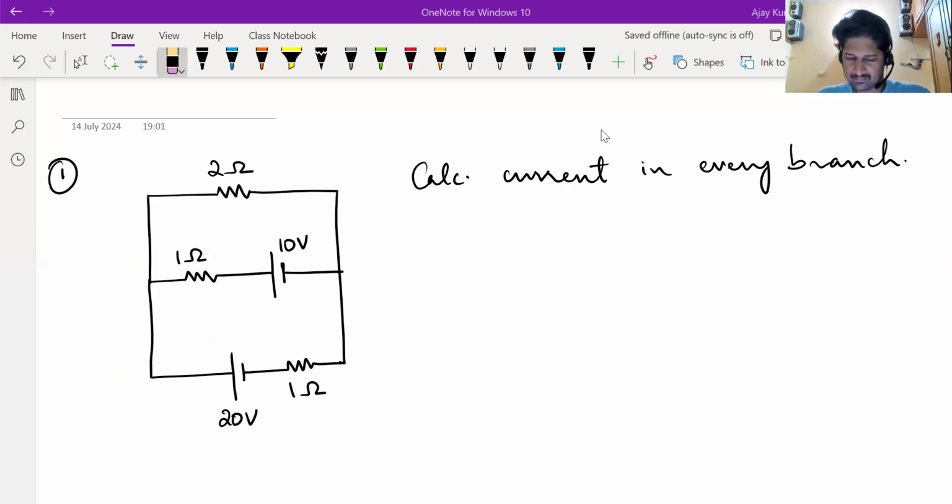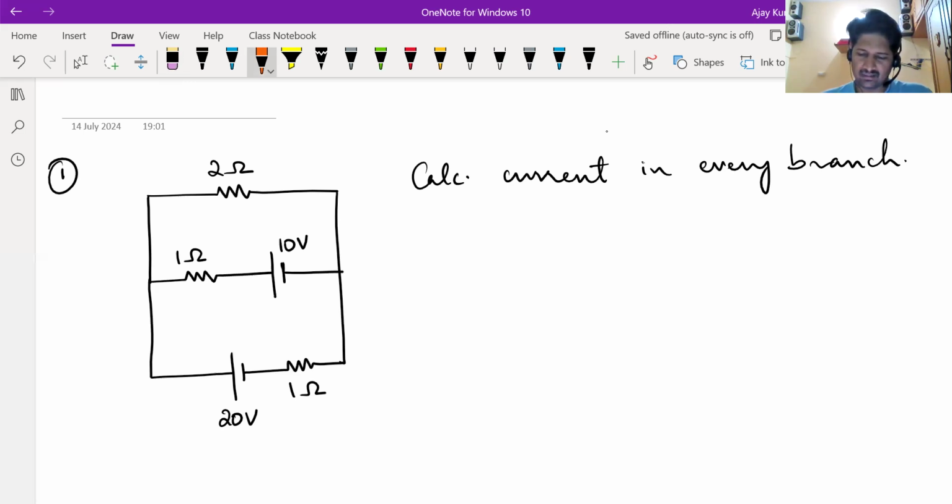So for the bottom 2 branches, it's towards left. How are you sure that it is towards left? There's only resistor and batteries there, so it should be from positive terminal. Oh no, for the bottommost branch, it's towards the left. What about the middle? We have to calculate.